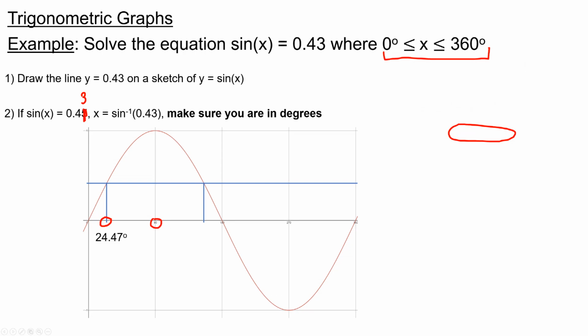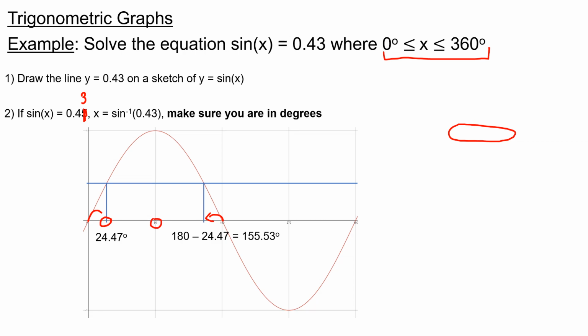Then, to find the other solution, which is to the right of 90, I need to use the symmetry of the graph. To get to 25.47, we add 25.47 degrees to 0. Now, because the sine graph is symmetrical, we can also go backwards the same amount from 180.